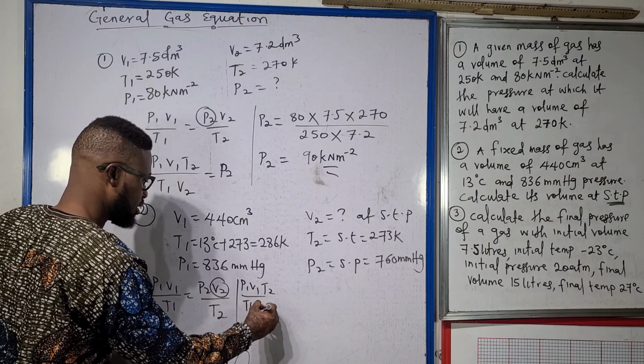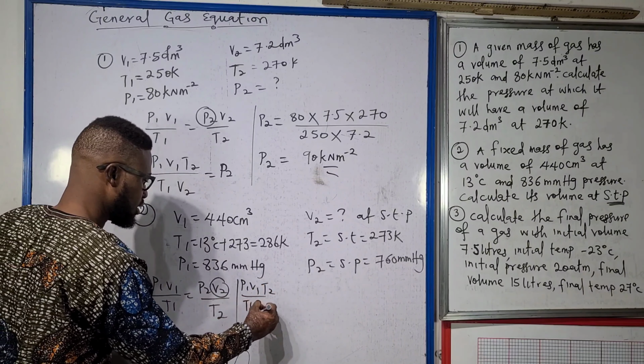T2 here is my standard temperature, that's 273, all divided by, what is my T1? T1 here is 286 times, what is my P2? My P2 is the standard pressure, 760. So that way I'll be able to get the new volume when I compute. V2, when we compute, is going to give us 462 cm cube.